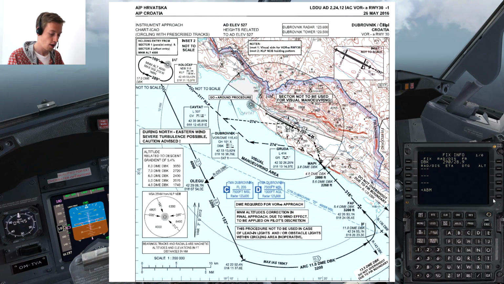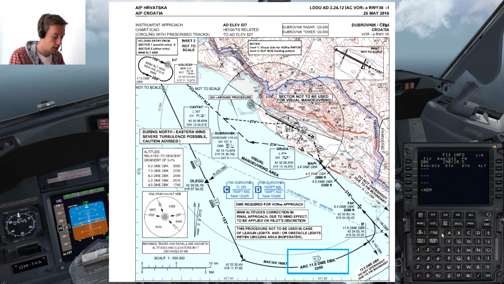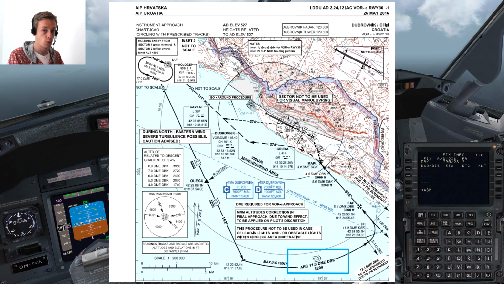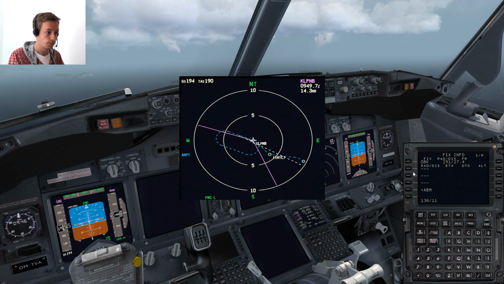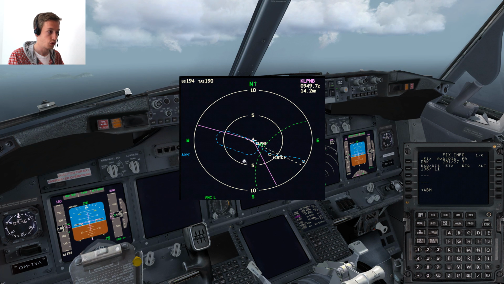The distance we're going to fly this arc is 11.0, and we could, for example, take the radial which coincides with the inbound course 316, but then a 180 degree turnaround, radial 316, as you can see on the chart. So let's do radial 136 at 11 DME. Okay, so what this does is draw a nice line around the VOR station.